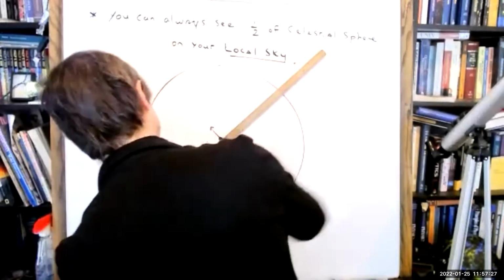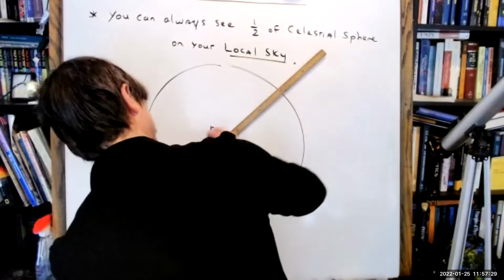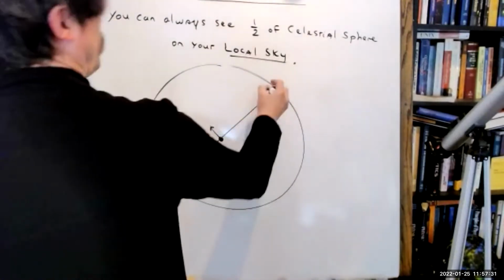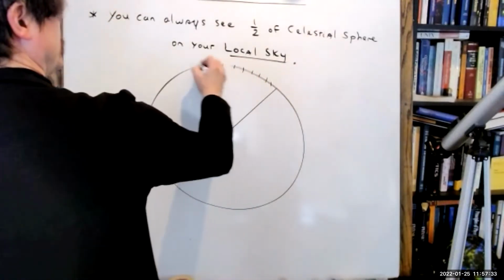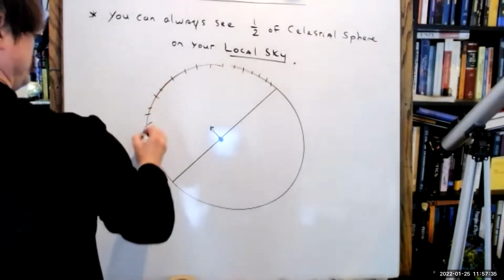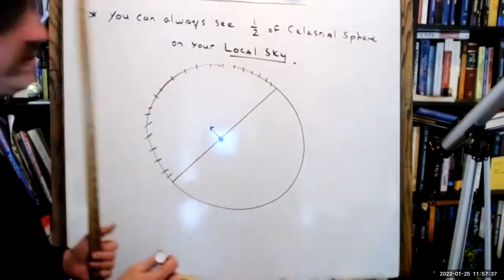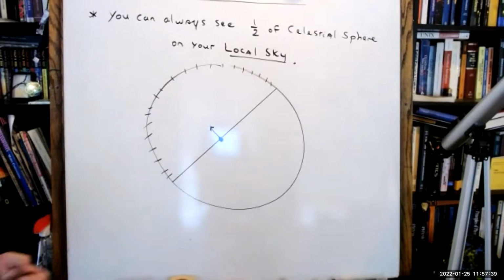So in fact, an observer pointing in that direction on Earth would have all of this as part of the dome of their local sky, 1/2 of the celestial sphere.